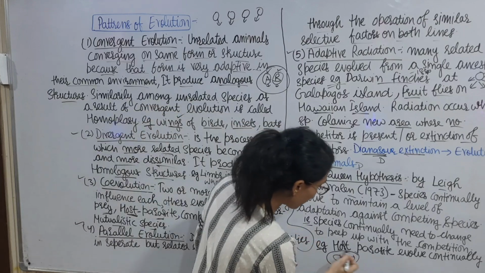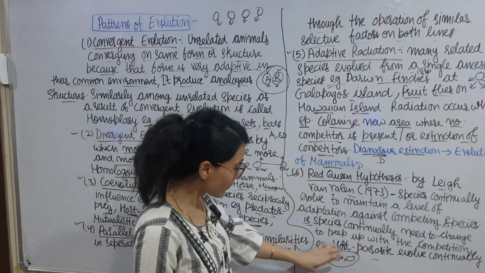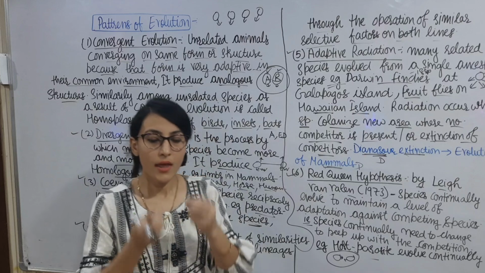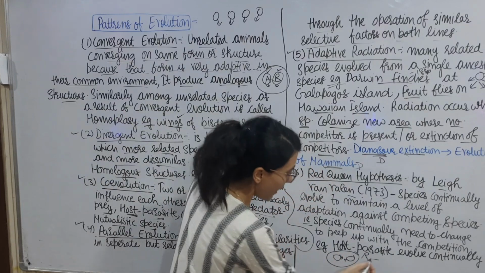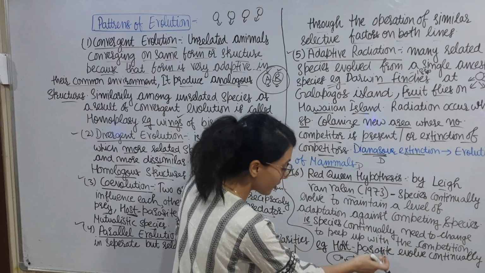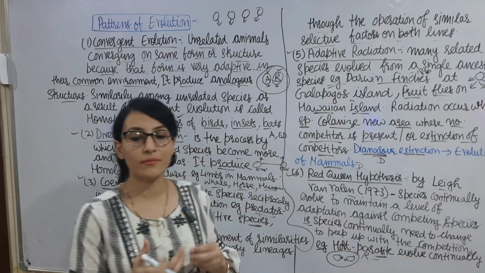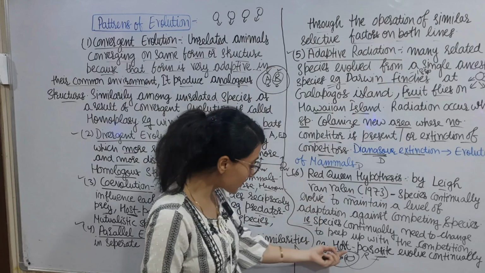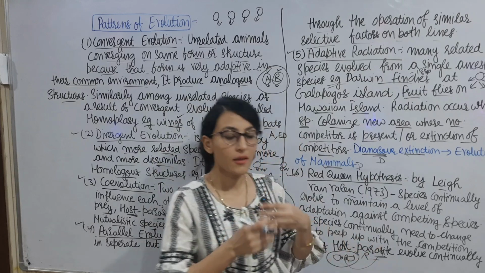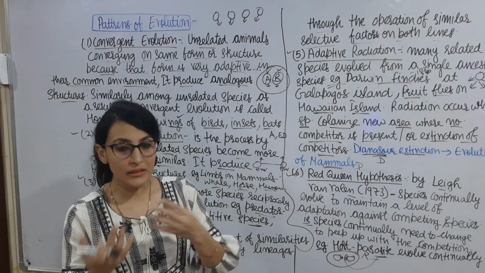As in the case of host-parasite interaction, the host evolves and develops some sort of resistance to the parasite, and the parasite in return evolves in such a way that it can deal with this resistance in the host. So this is how both host and parasite evolve with each other.